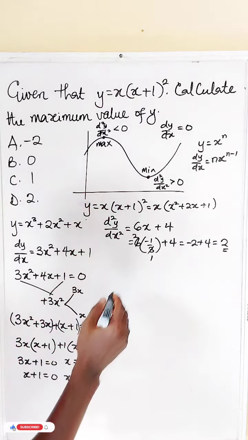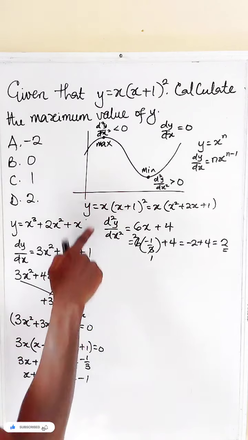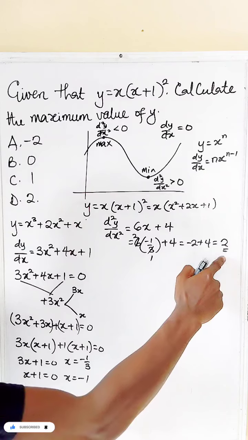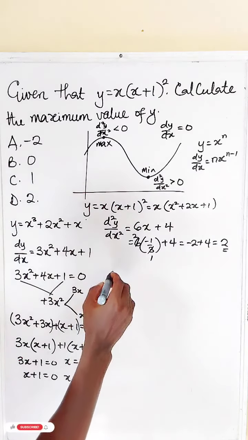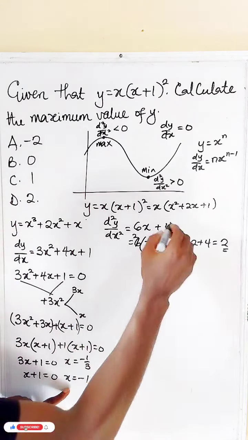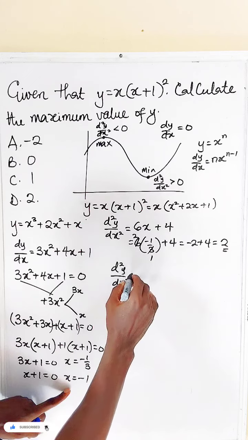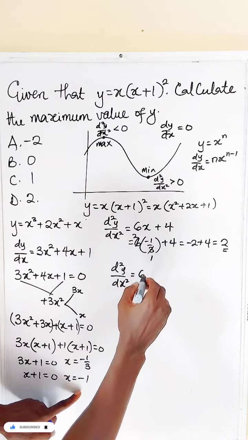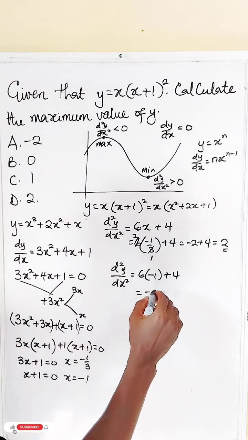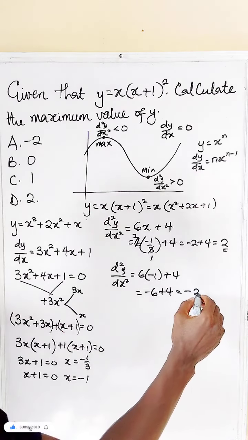So when x is negative 1/3, d²y/dx² is 2. When x is negative 1, d²y/dx² is 6 times negative 1 plus 4, which is negative 6 plus 4, giving negative 2.